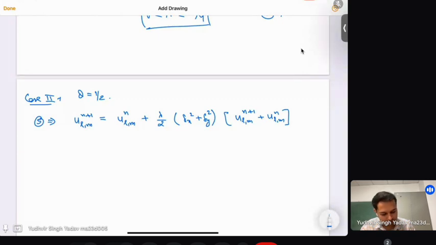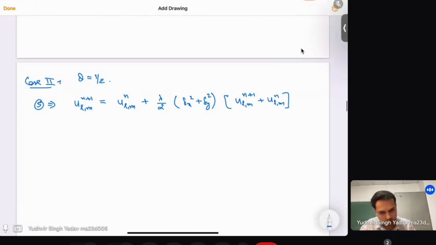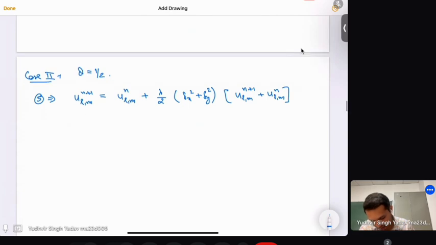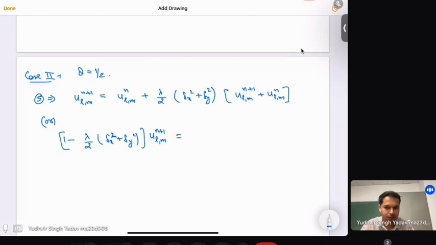So equation number 5 gives us this form of the scheme. If we rearrange it in a certain form, we get 1 minus lambda by 2 times delta x square, delta y square, u l m n plus 1, taking the n plus 1 time terms on the left hand side and all the other terms on the right hand side.